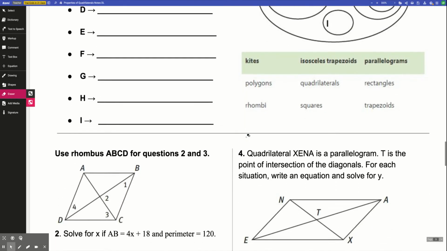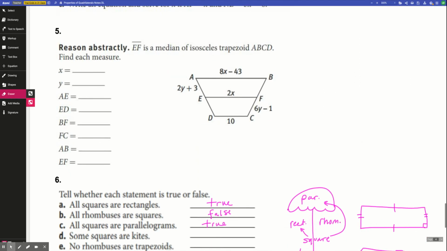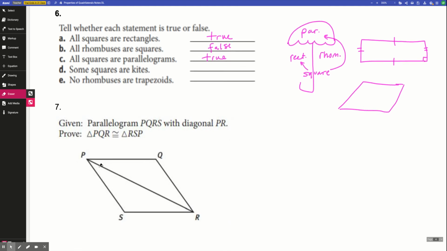And if you look at the actual definitions of kites, it says that a kite has to have exactly one pair of congruent angles, right? And only certain pairs of consecutive sides can be equal or congruent. So this is false.